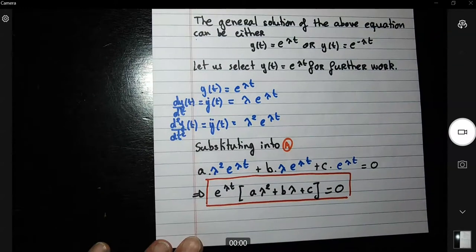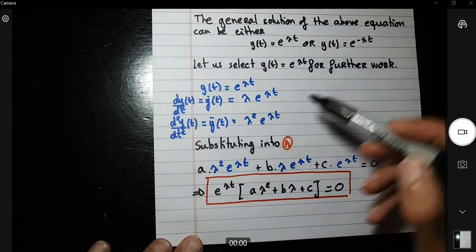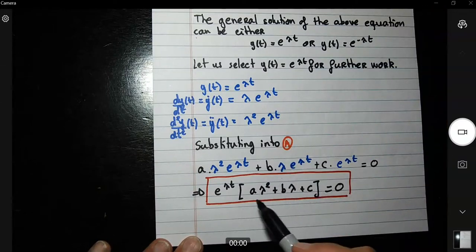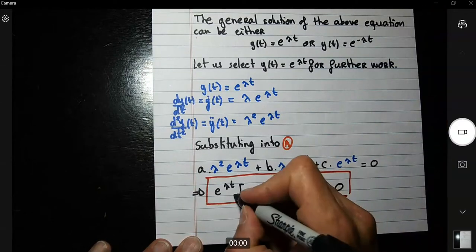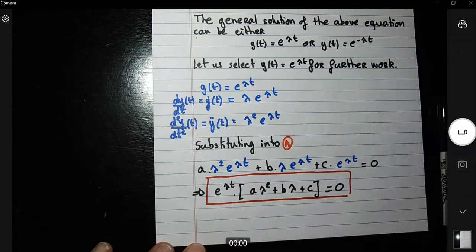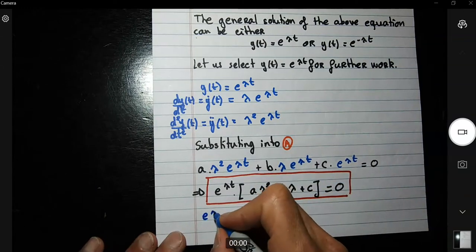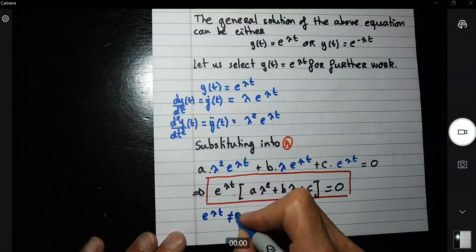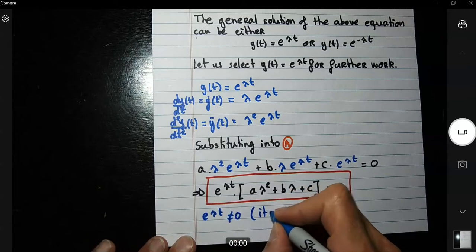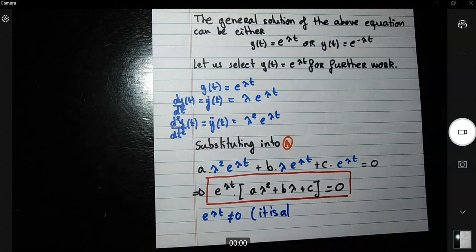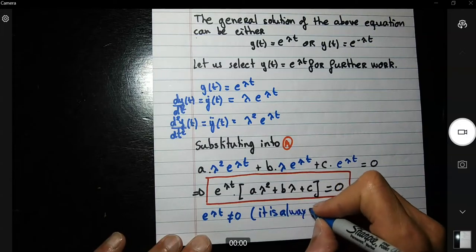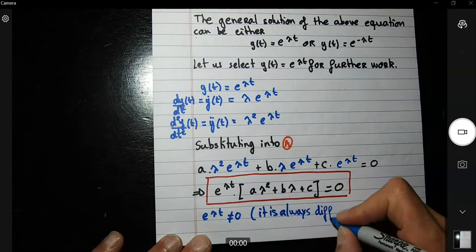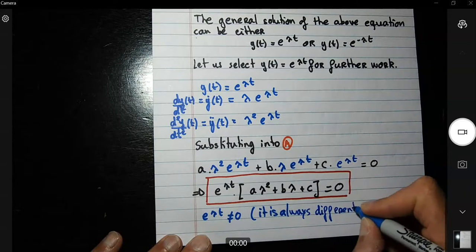So now, this is basically the same thing as the first order. We assume the solution, you substitute, and now you need to say when is this equation satisfied. Okay? So in this case, what do we know? E, the exponential function, is always different than 0.